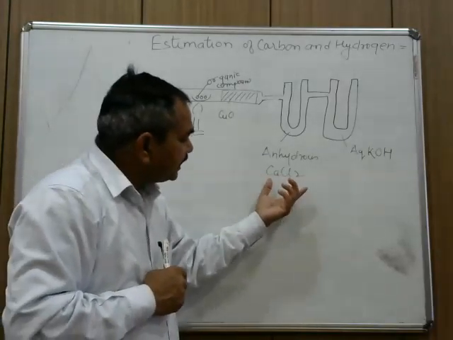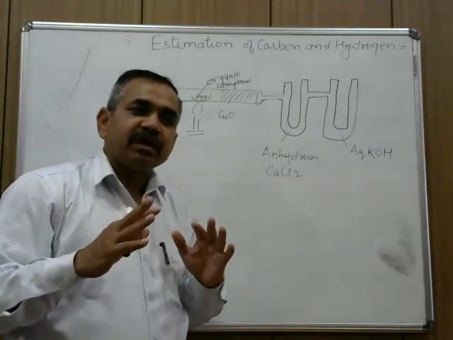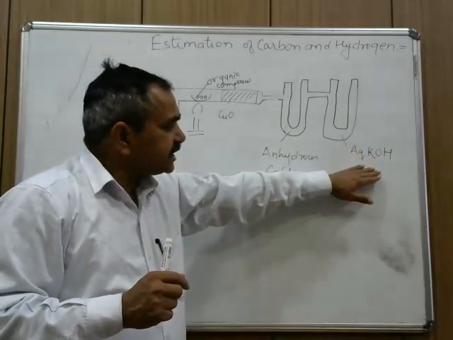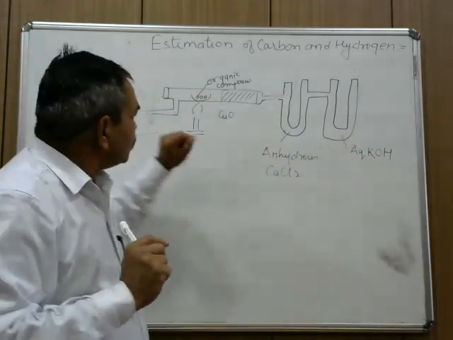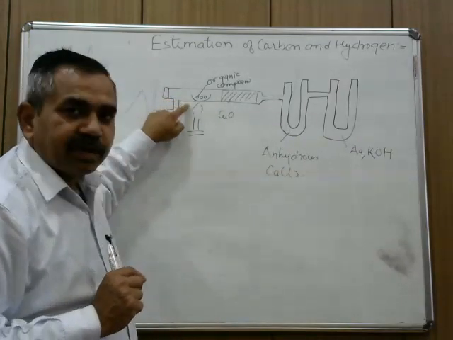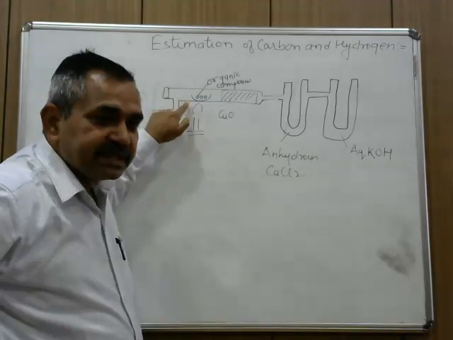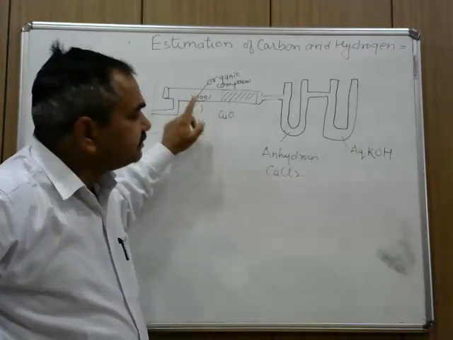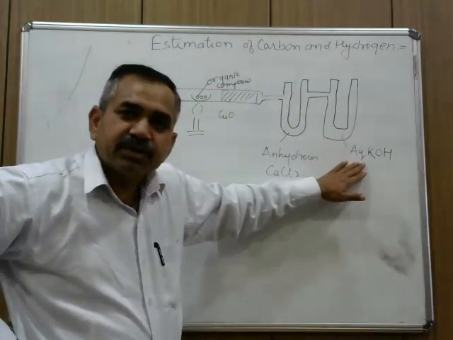Anhydrous CaCl2 has the ability to absorb water vapors, while KOH has the ability to absorb carbon dioxide. So once this organic compound is heated strongly, all the carbon which is present in it is quantitatively converted to carbon dioxide and absorbed here in the aqueous KOH solution.